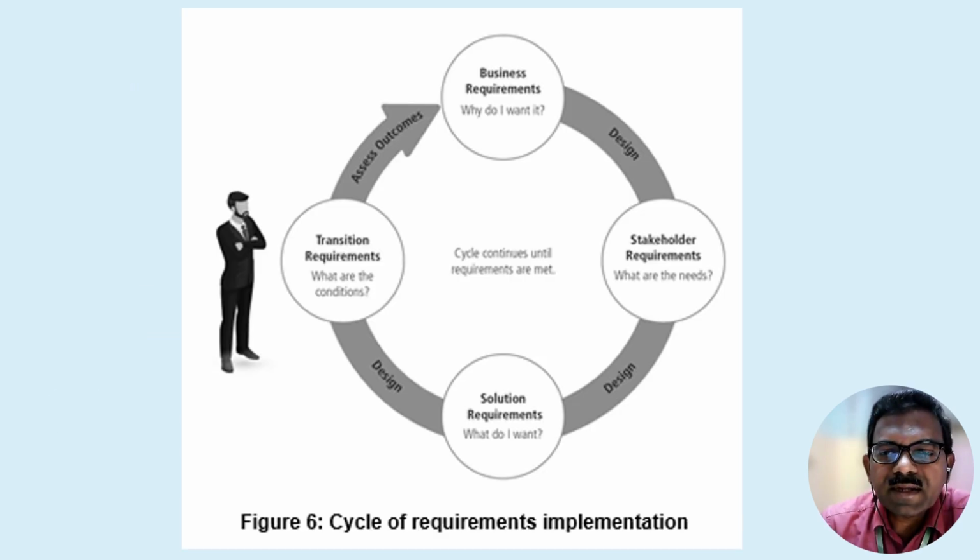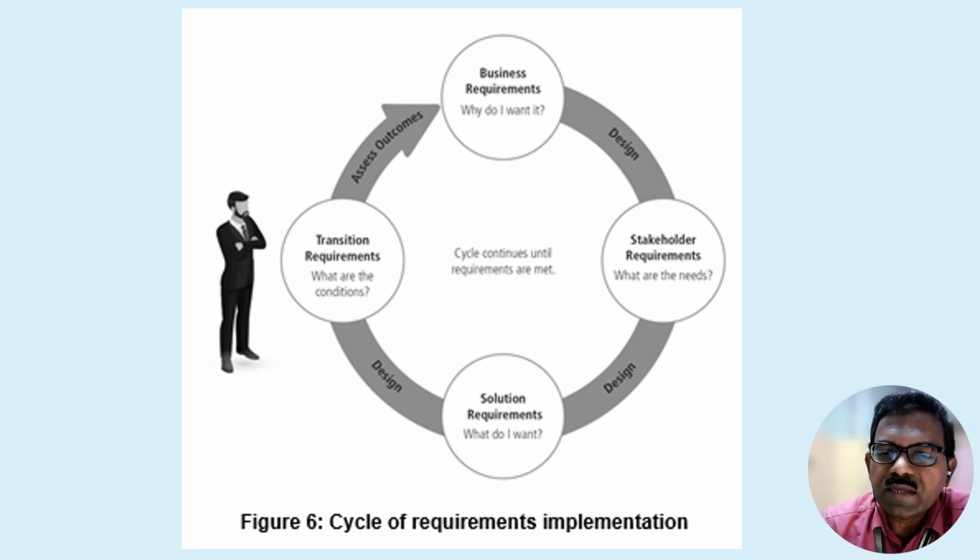Now, what is the entire cycle of requirement implementation? We begin with the requirement. Why do you want it? So requirement and scope: this is the initialization process. Once we understand the requirement of the project, then we design.